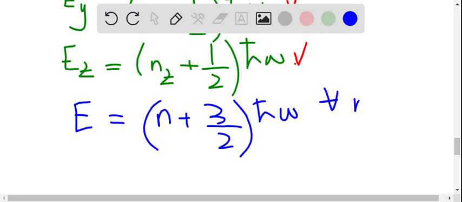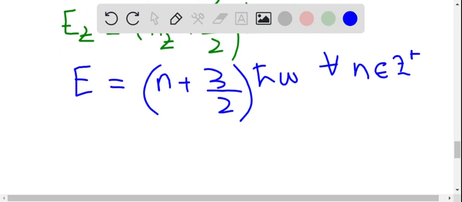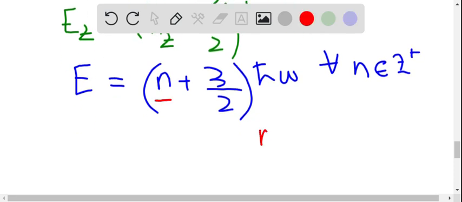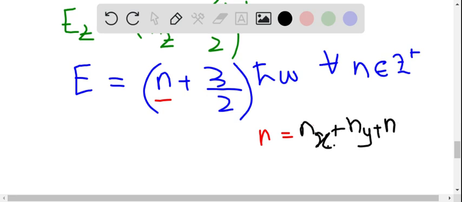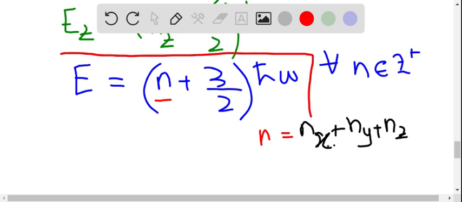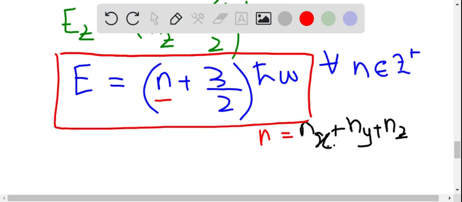And for all n elements, positive, right? And this n is equal to the sum of all n's, so nx plus ny plus nz, right? So this is the total energy for the system.